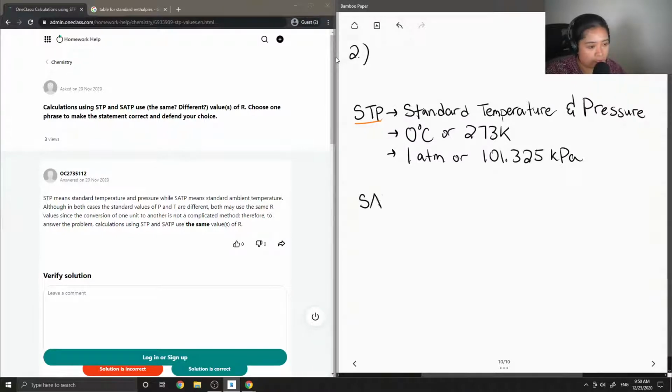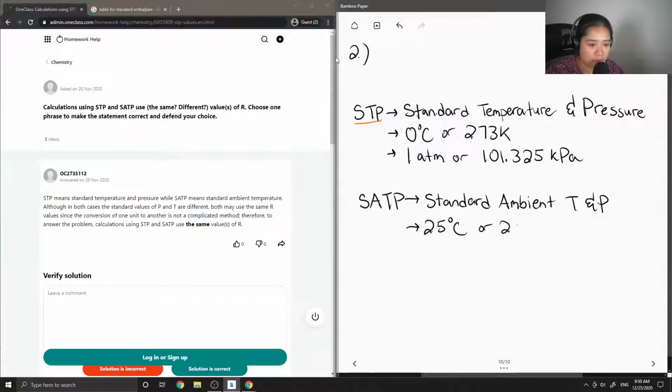But SATP is standard ambient temperature and pressure. So under these values, the temperature is 25 degrees Celsius, or 298 Kelvin.